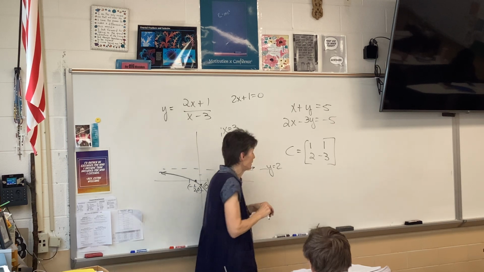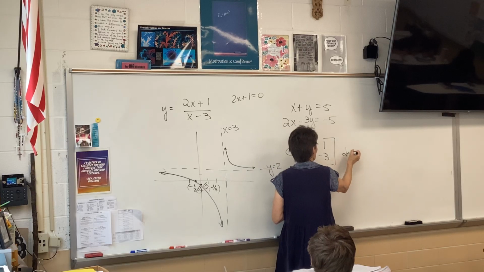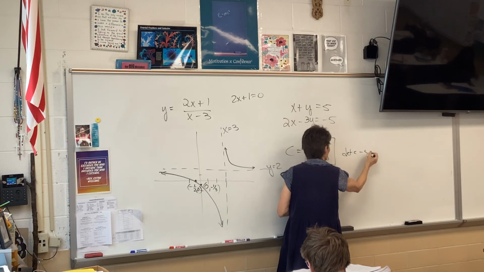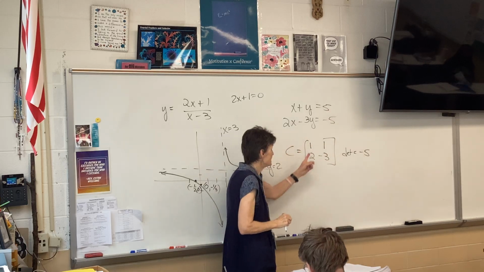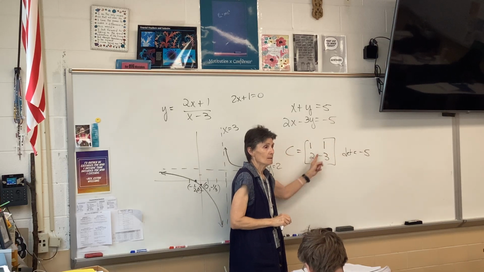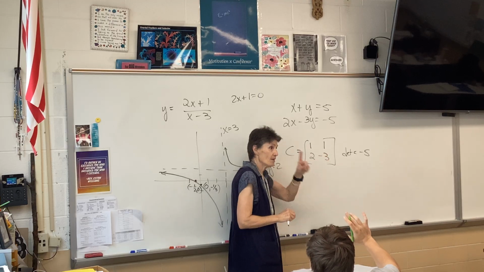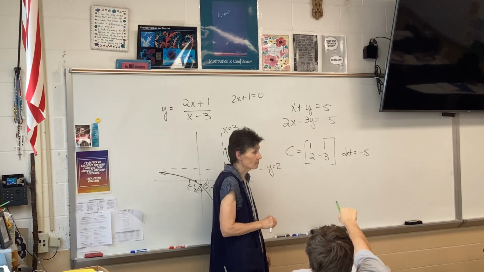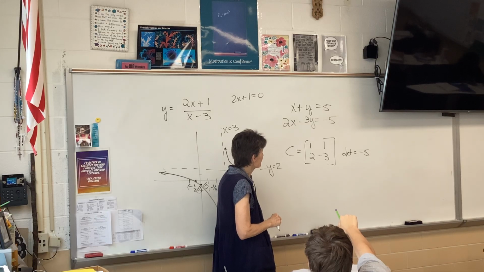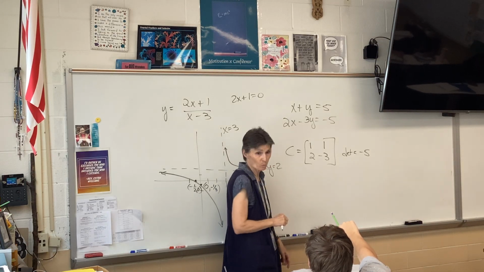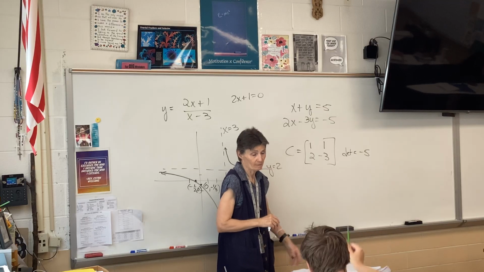So the determinant of that will be -5. -3 minus 2. Okay? Then we just do the coefficients. Sorry, square matrix. Yeah, okay.